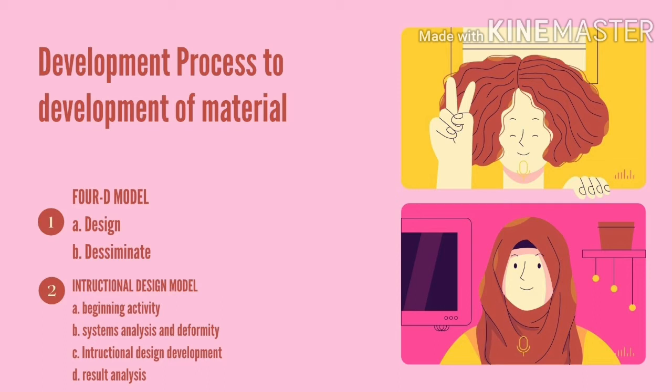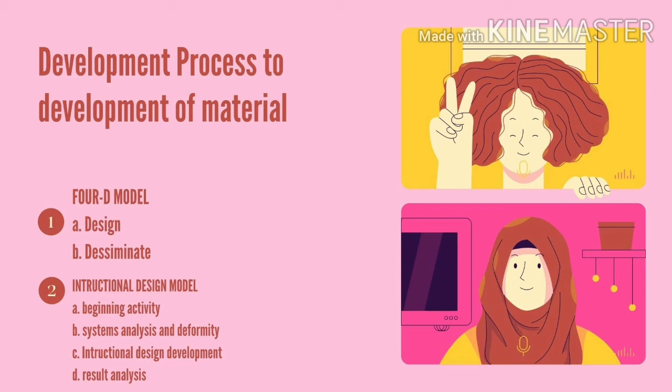Design. The design stage is a process of composing the first draft of teaching materials and the first improvement of the initial draft to become the model of the material called the prototype.